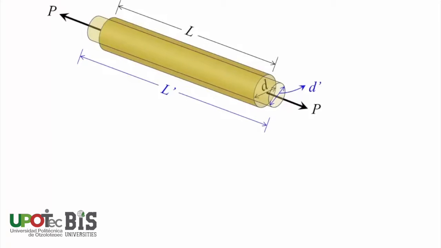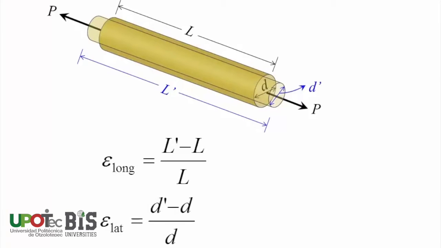The normal strain epsilon along the axial or longitudinal direction is defined as the new length L prime minus the original length L, divided by the original length, as we learned already. And the normal strain epsilon along the radial or lateral direction is defined as the new diameter d prime minus the original diameter d, divided by the original diameter.